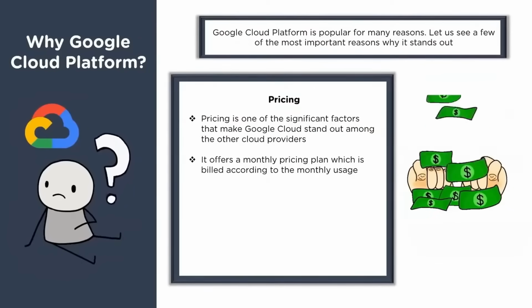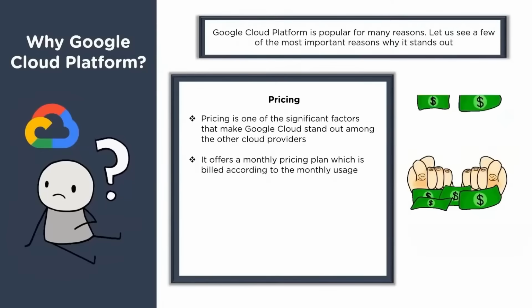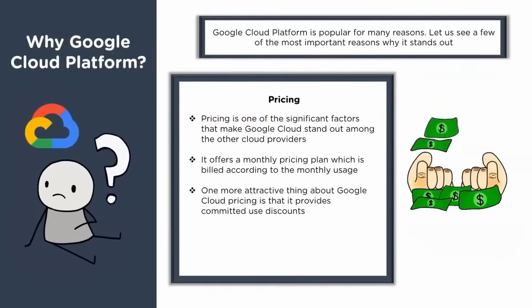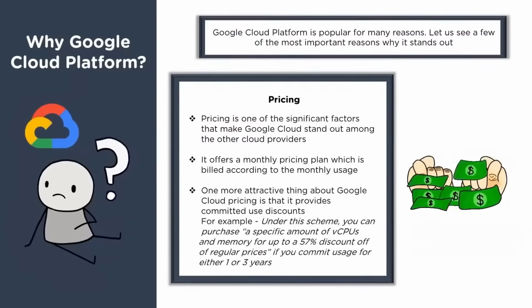So Google Cloud really has various pricing options which help customers in their different requirements, whether they go for any of the service models such as infrastructure as a service, platform as a service, or even software as a service. One more attractive thing about Google Cloud pricing is that it provides committed use discounts.